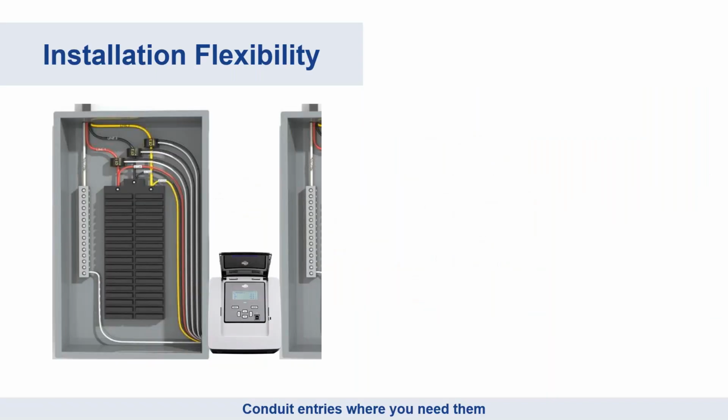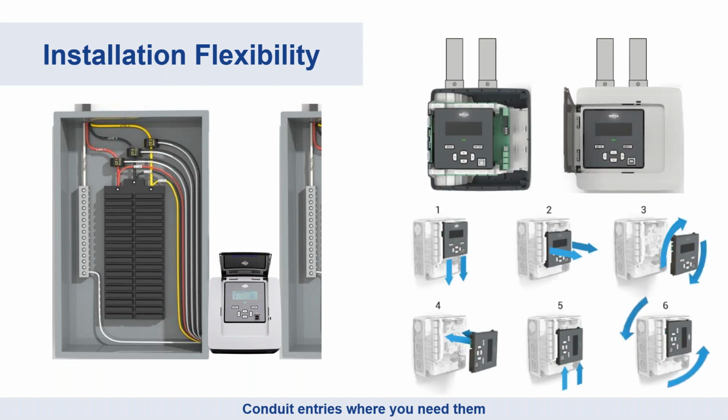A little bit on installation flexibility. We talked about the rotating display earlier. What that means is if I have tight configurations in an electrical room where maybe real estate is at a premium and it's not optimal where I would choose to mount this meter, I can bring in my conduit either from the north, from the east, west, or south.